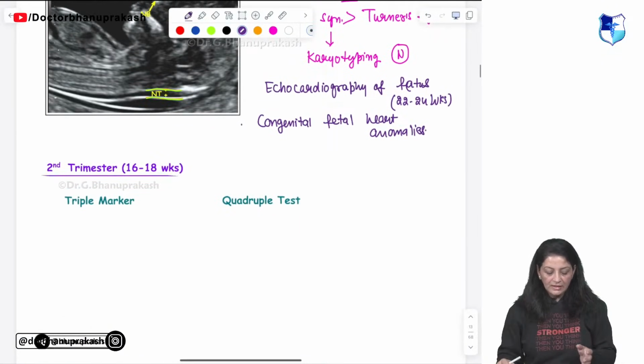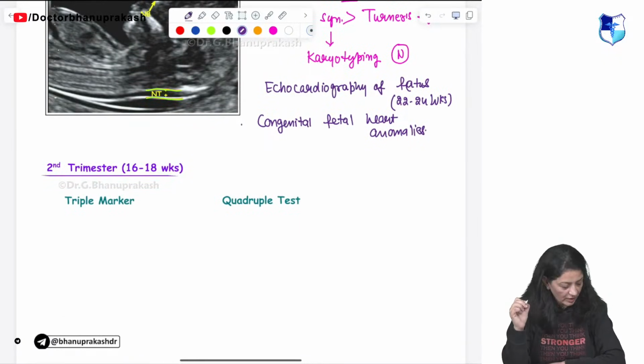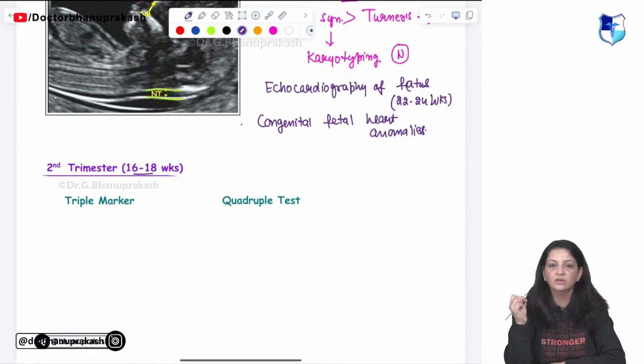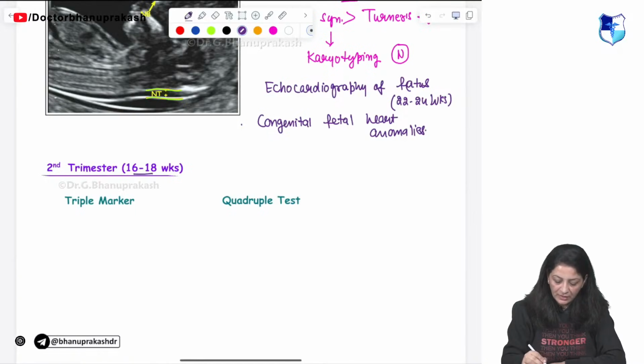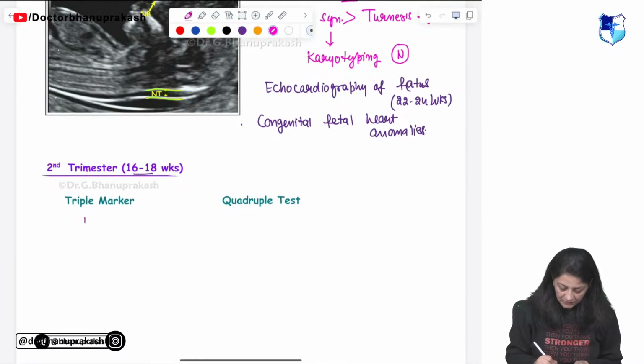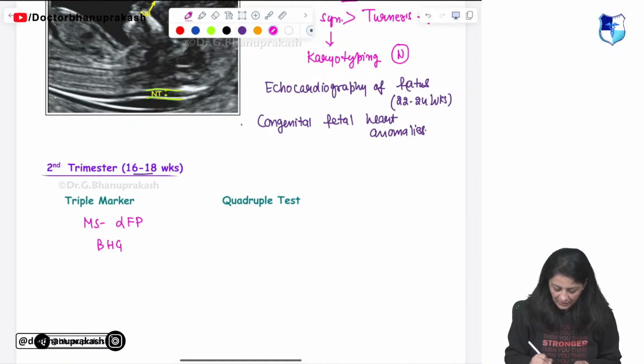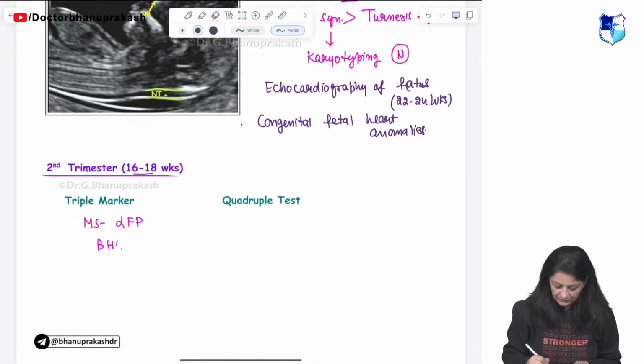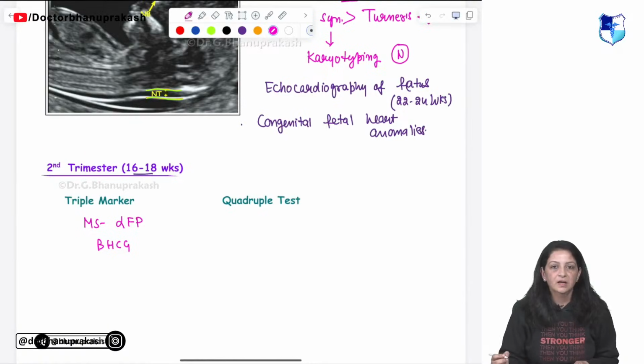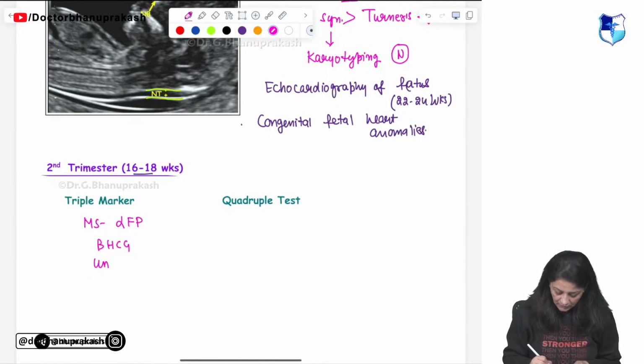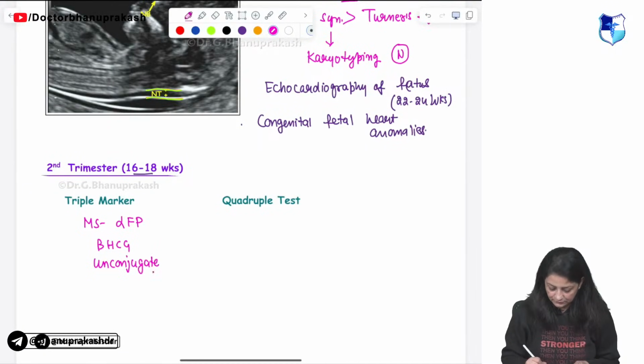Now let's discuss the second trimester tests, between 16 to 18 weeks. What is the triple marker test? Maternal serum alpha fetoprotein, beta-HCG, and unconjugated estriol, E3.